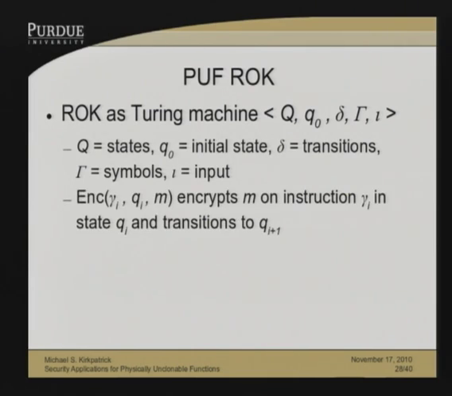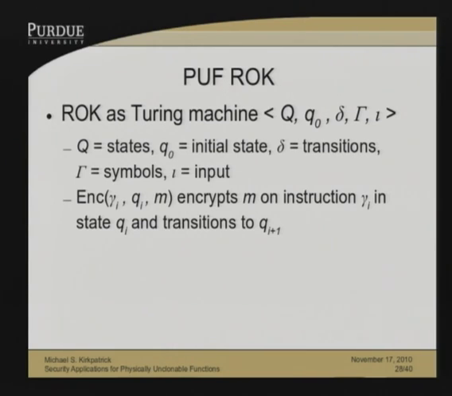And we have these two primitives. We have the encrypt primitive, which once you've reached a certain instruction and a certain state of your machine, when you encrypt that message, the first time you'll transition to one particular state because it would generate one key to encrypt it. The second time you would go to a different state.